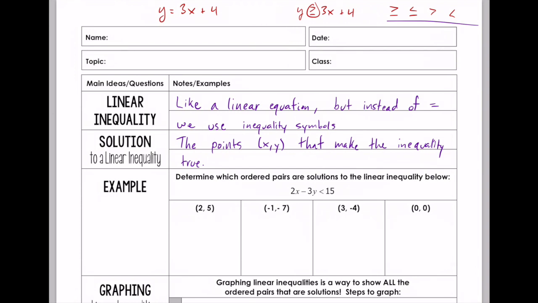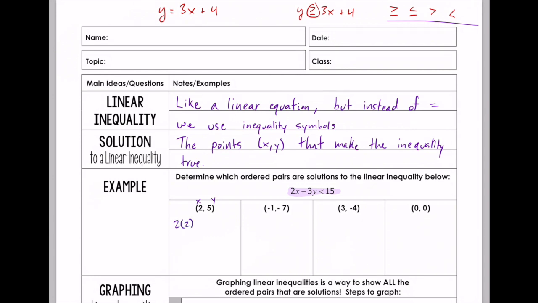So I have an example right here of an inequality, and we have 4 different points. So I want to see whether or not those points are solutions. So this is our x comma y pair. X is 2, y is 5. So I'm going to plug in those values in for x and y in my inequality.